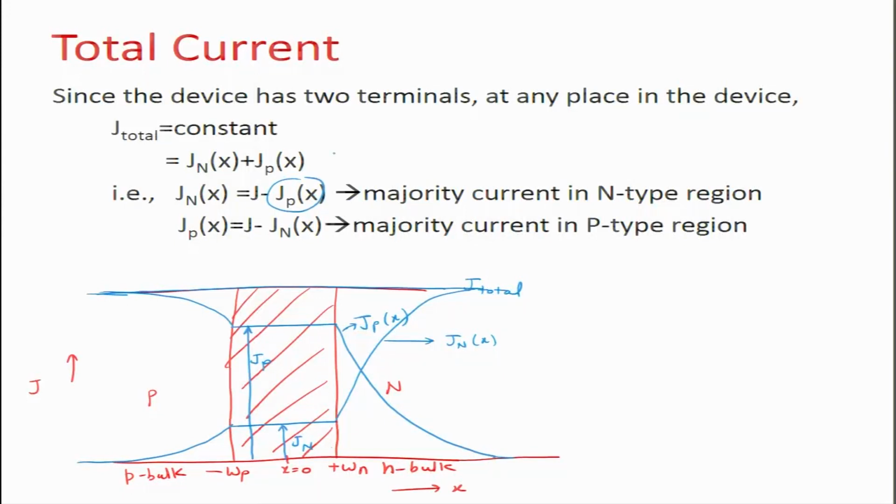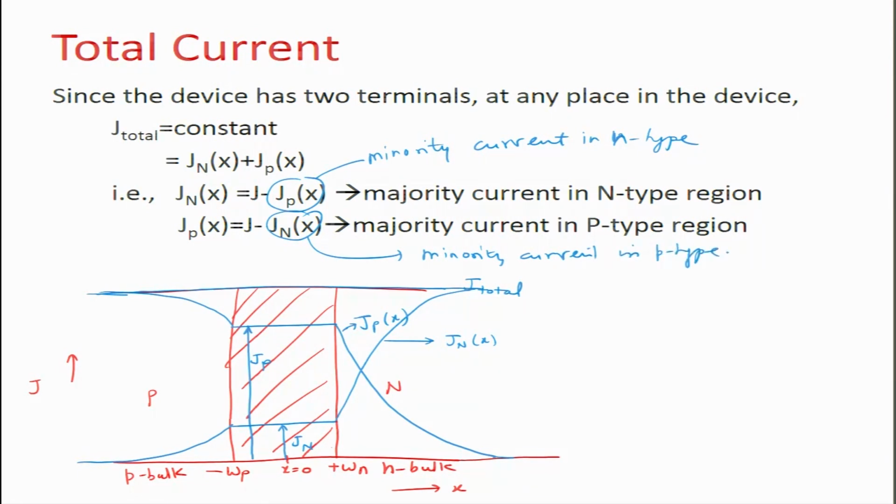So this would be, for example, the minority current in N type if you take JNX as the majority current in the N type. Similarly this will become the minority current in the P type.